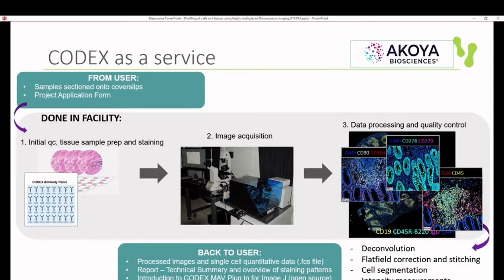After the cycles of all of the antibodies have been done, we get all of the images stacked, and we do stitching to put all of the tiles together. There is other image processing involving deconvolution and flat field correction. After that, one can do cell segmentation so that each and every cell in the tissue is identified, and then you get quantitative intensity measurements for all of the protein targets included in your panel.